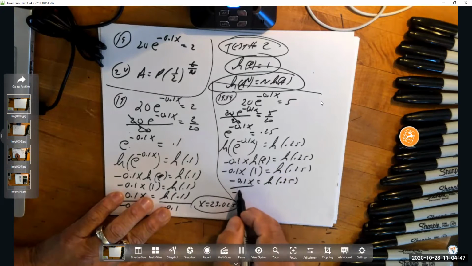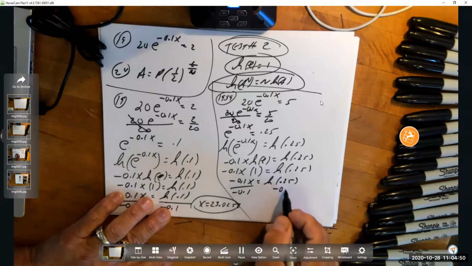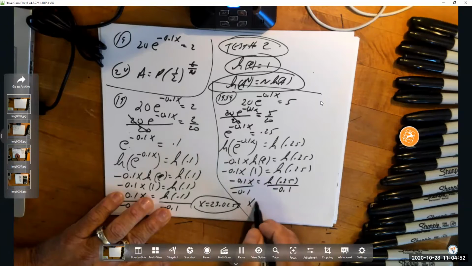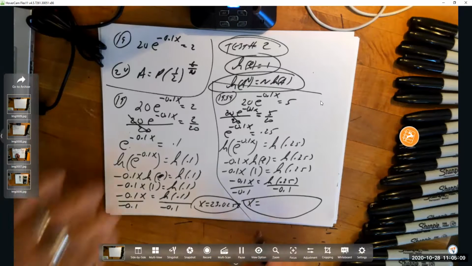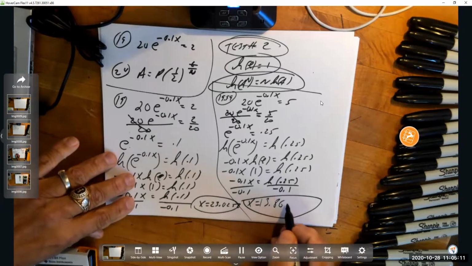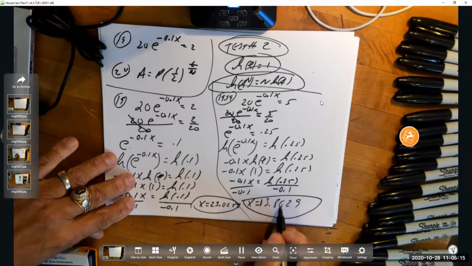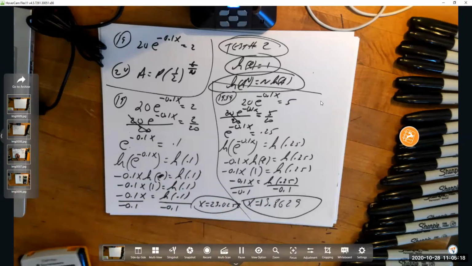So divide by negative 0.1, divide by negative 0.1. Do it in the calculator. What'd y'all get? ln 0.25 divided by negative 0.1. 13.86294361, that's good. 13.8629, that's enough, 6 numbers. Okay, that's right.